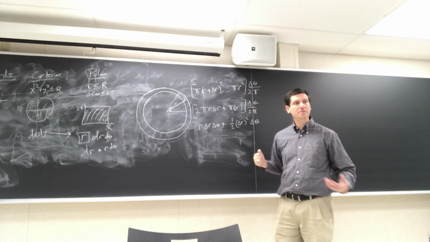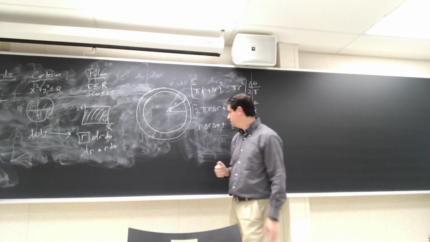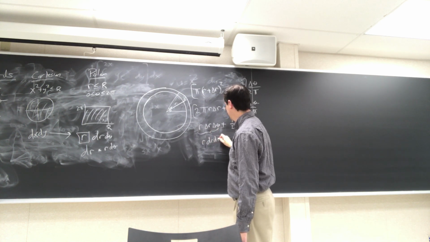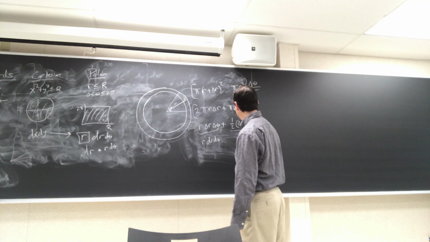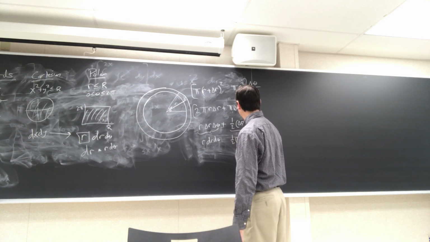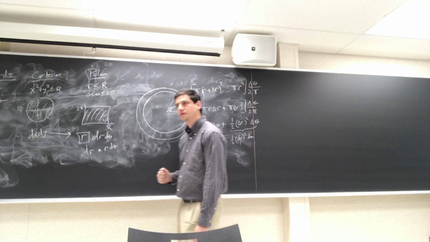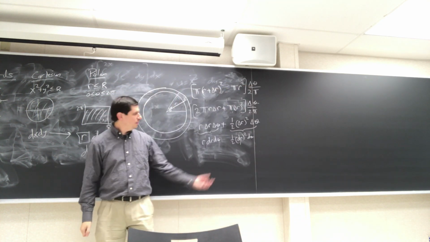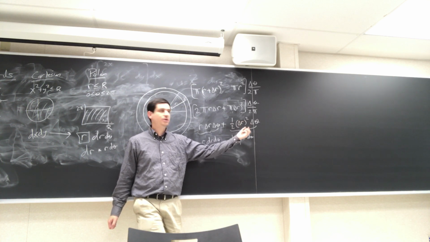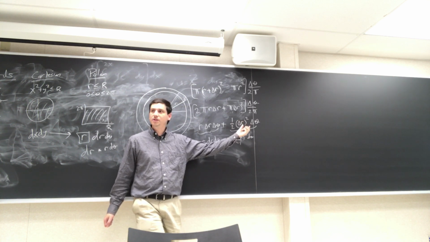And now if we take the limit as delta r and delta theta go to 0, you can see this piece is looking like the r dr d theta. This piece is looking like 1/2 dr squared d theta. So this is a slight abuse of notation. But essentially, this term is insignificant in the limit because we're doing a double integral.